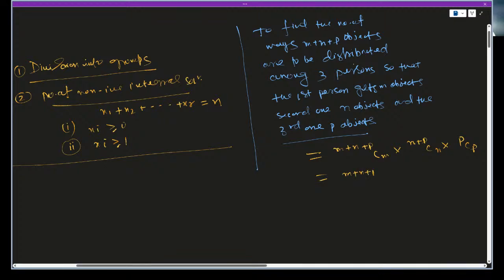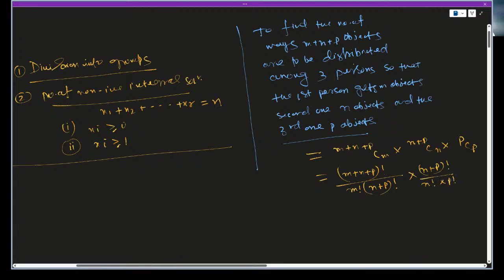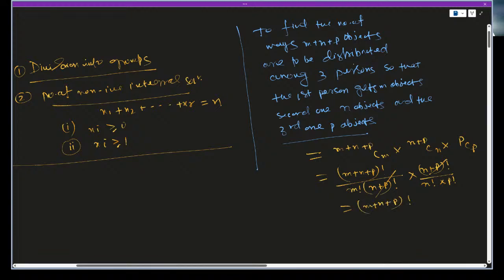If you expand this and cancel common factors, we get (m plus n plus p) factorial divided by m factorial n factorial p factorial.